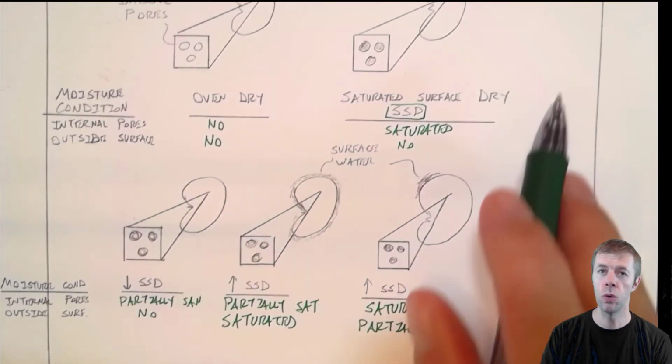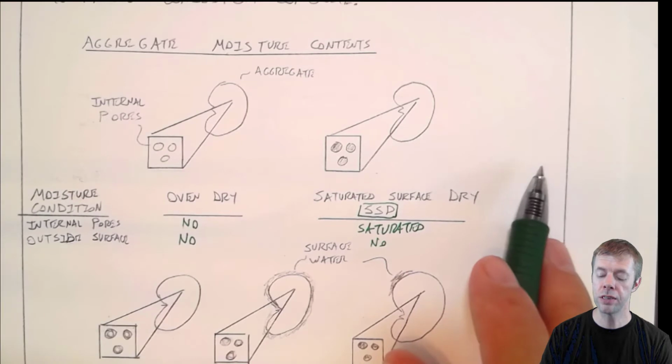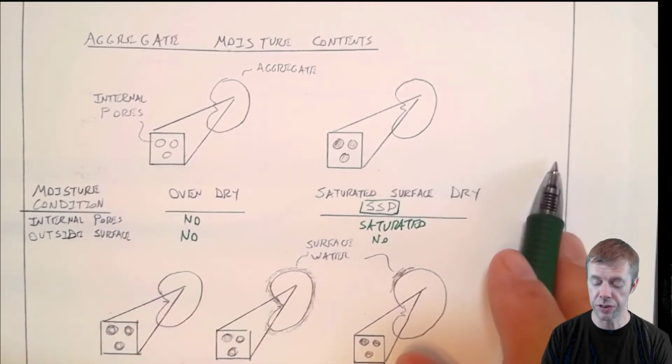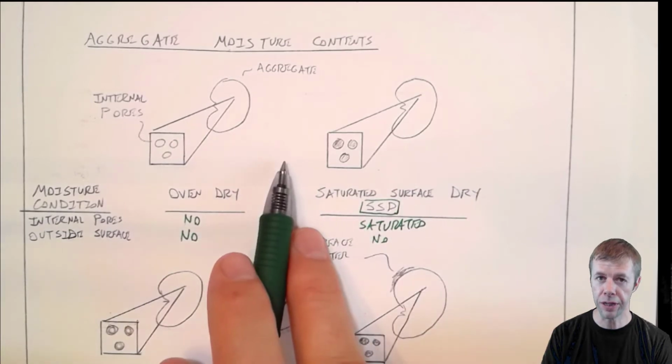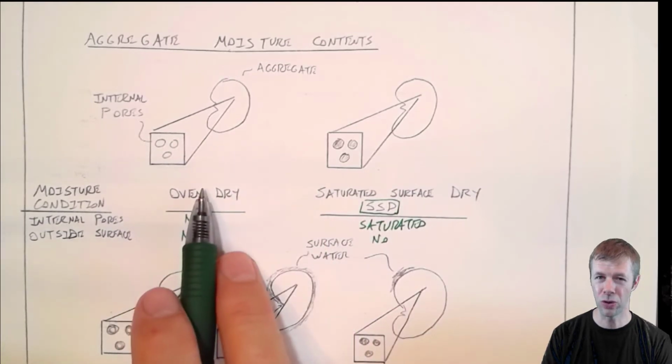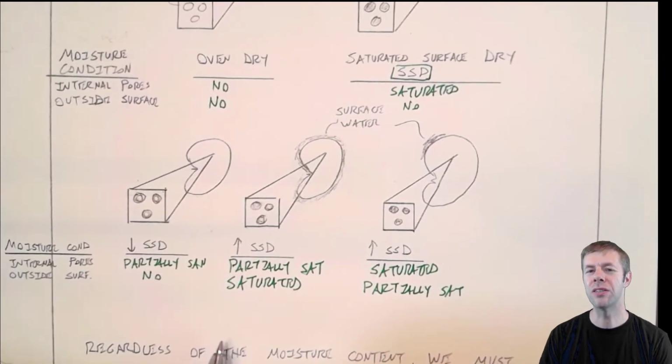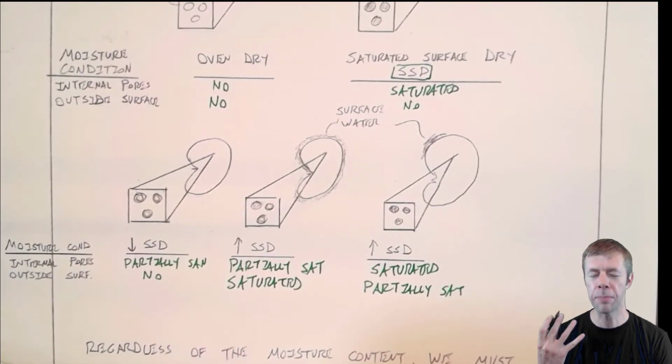This would put you over here on the moisture continuum, right? If this is dry, this is SSD. You can go above SSD. You can go below SSD. You can never go below oven dry, though. I guess my point in doing all this is to let you know, and hopefully you can conceptualize how you can have different aggregates that are at different moisture states inside your concrete.